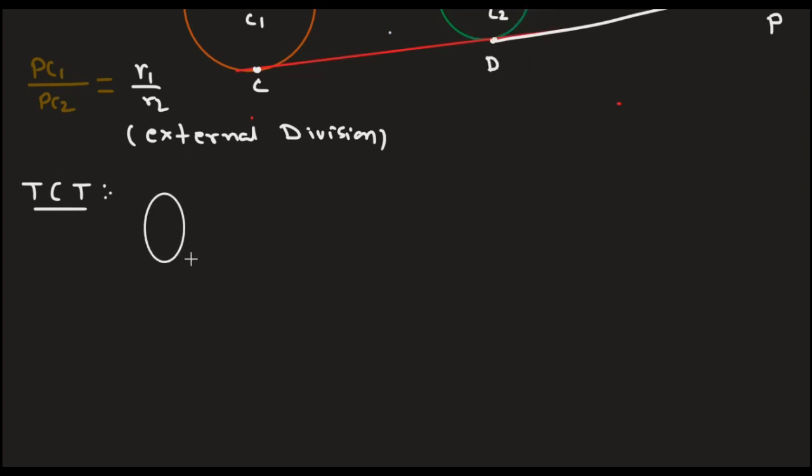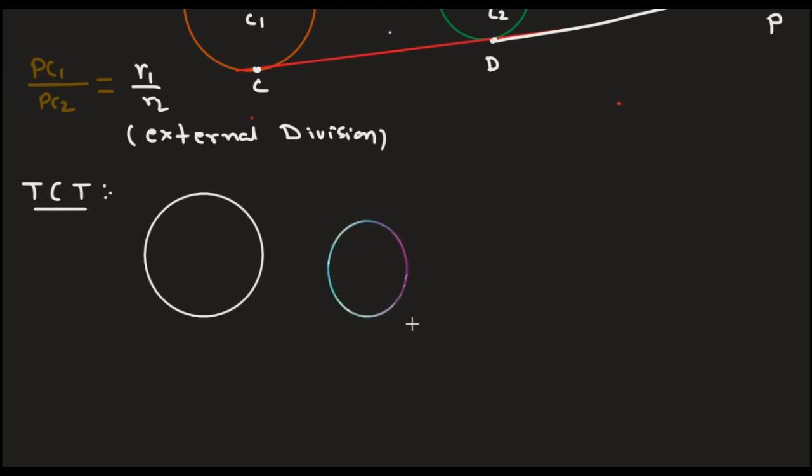This is my circle 1. Now the next circle is like this one. It should be smaller, okay, no issue.